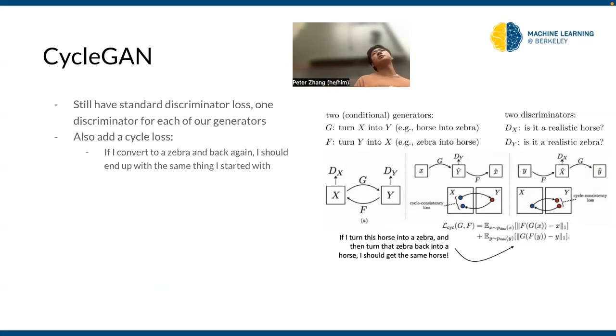If I have a horse image, then I turn it into a zebra, I want this model to then be able to turn the zebra back into a horse and have it look similar to the original. I think this captures the intuition for what we want, which is that we don't want to affect the substance of the image. We want all the objects, geometries, etc., to be similar. It's just this one piece that we'd like to change.